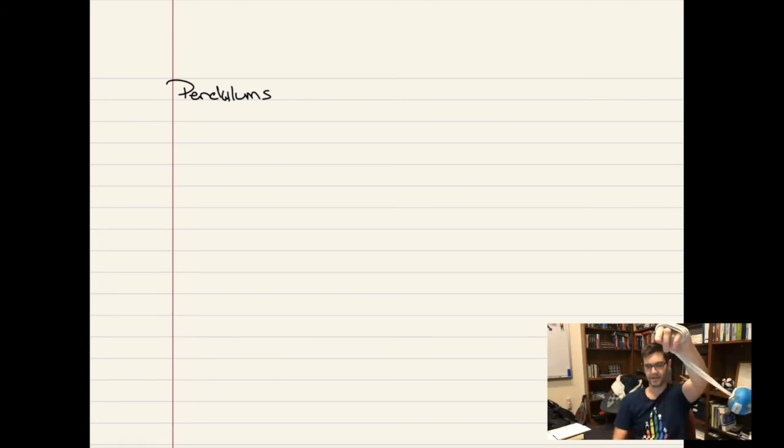If I were to take a lot of snapshots of what's going on, it would suggest that it's undergoing something that looks like simple harmonic motion. So the idea here is, can we prove that and then see how things like the period, how long it takes for oscillations to start repeating themselves, depend on the properties of the system.